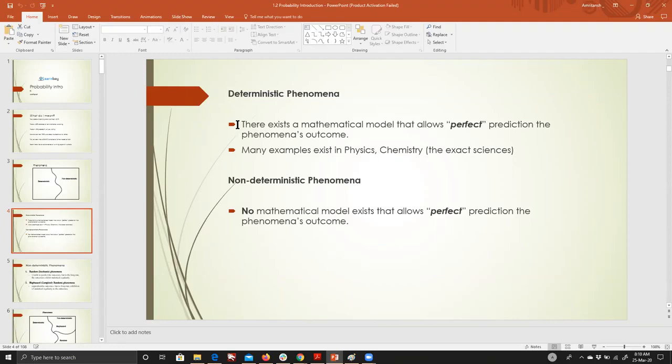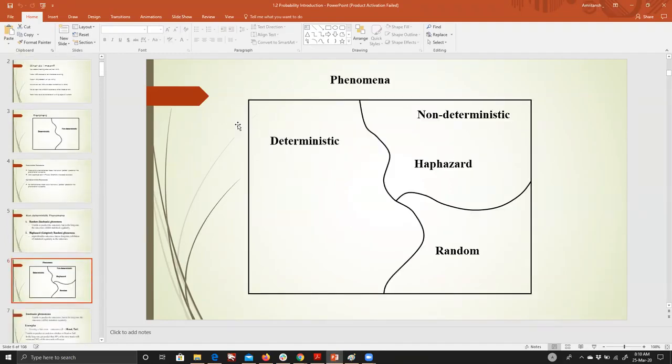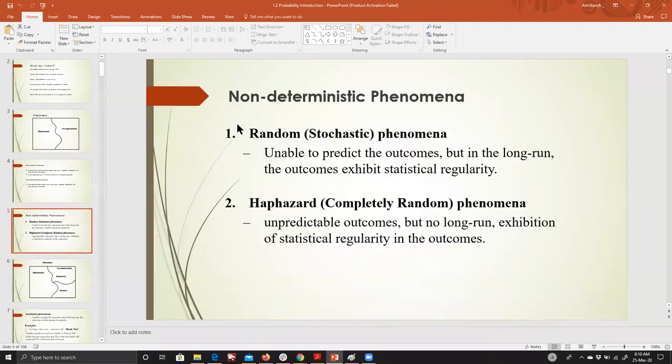Now the idea of non-deterministic, as I explained yesterday, is itself divided into two spaces. One is called haphazard, one is called random, which basically means stochastic. If you want to write it down, these are important definitions.